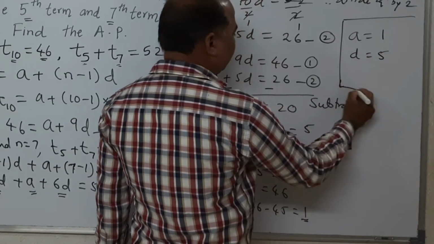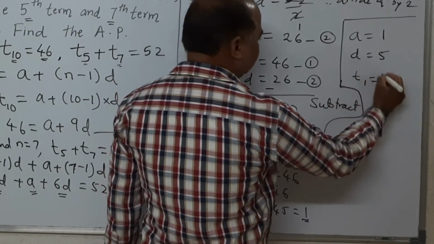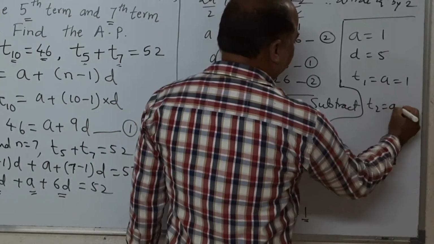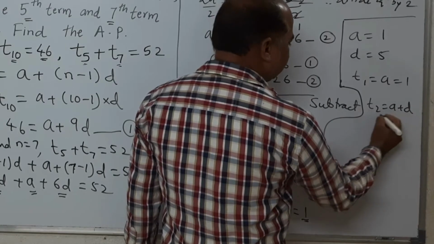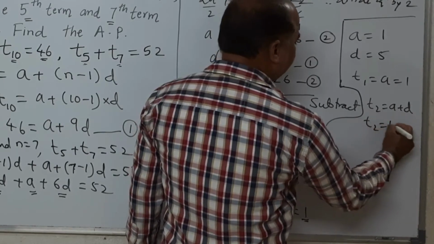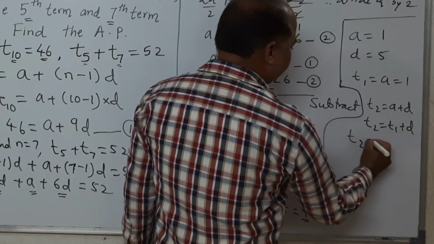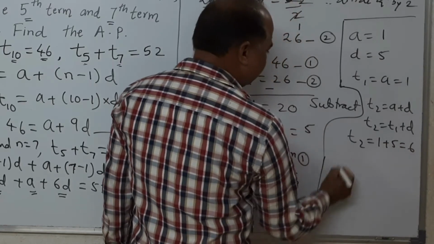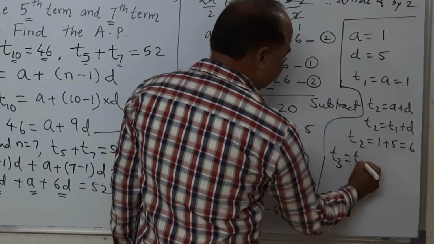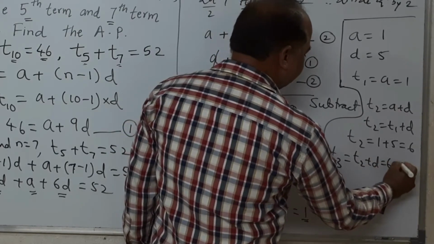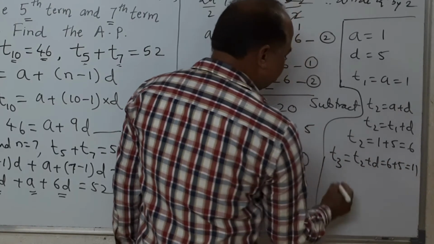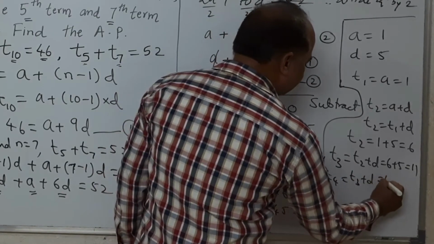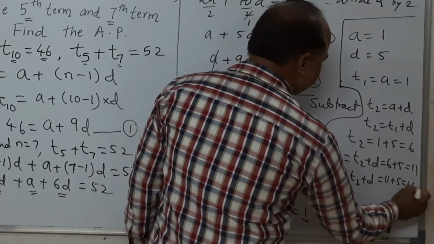So the AP we can write as: first term t1 is equal to a, which is equal to 1. Then t2 is equal to a plus d, that is t1 plus d. So the second term t2 is equal to 1 plus 5, which is equal to 6, and t3 is equal to t2 plus d, which is 6 plus 5, which is equal to 11. t4 is equal to t3 plus d, that is 11 plus 5, which is equal to 16, and so on.